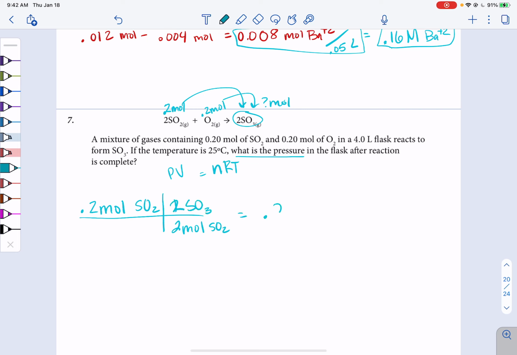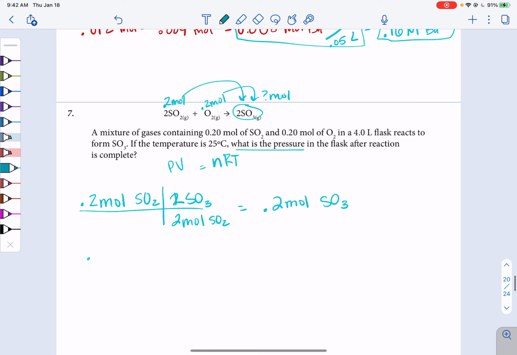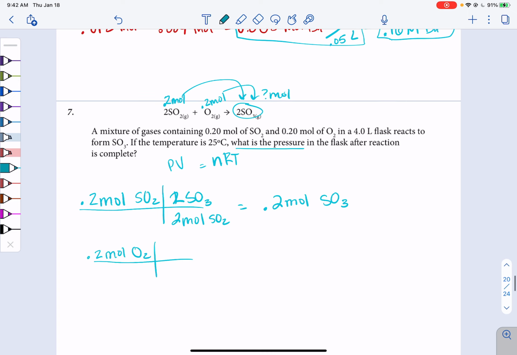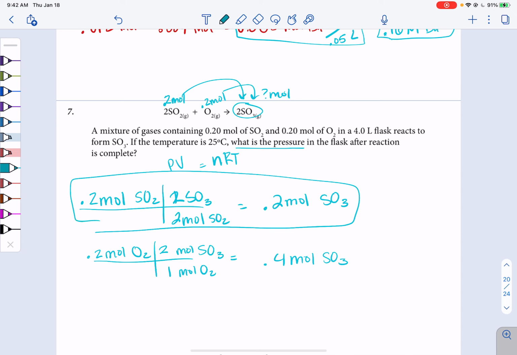So I'm going to create 0.2 moles of the SO3 in that situation. For the oxygen, I have 0.2 moles of oxygen, and I know that 1 mole of oxygen makes 2 moles of the SO3. So that will give me 0.4 moles of the SO3, indicating that this one is in fact the limiting reactant. So this is the n that we're going to work with in our PV equals nRT.